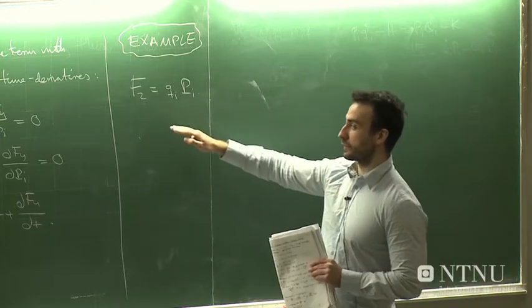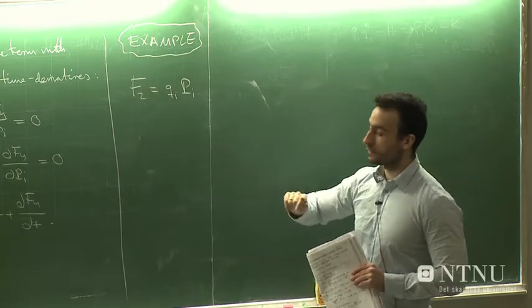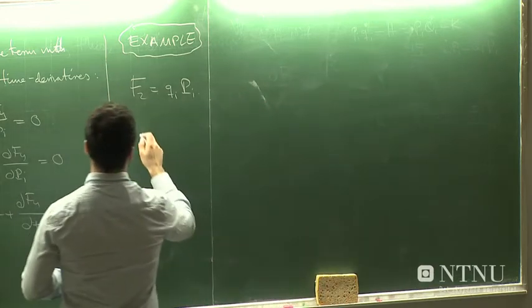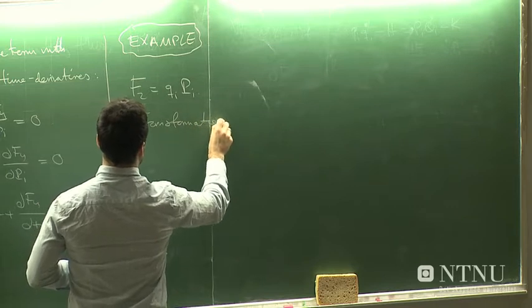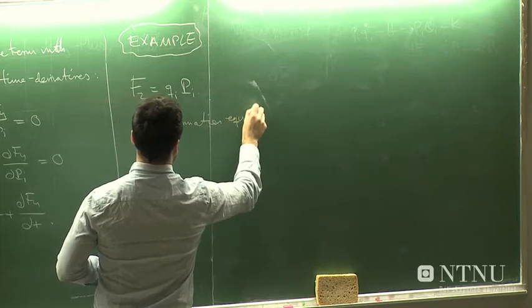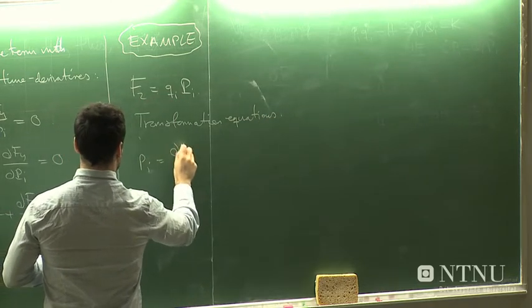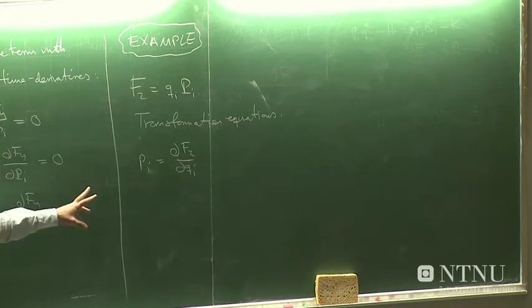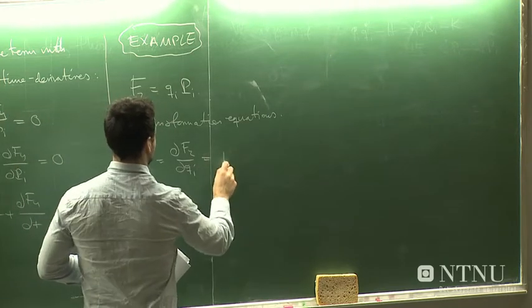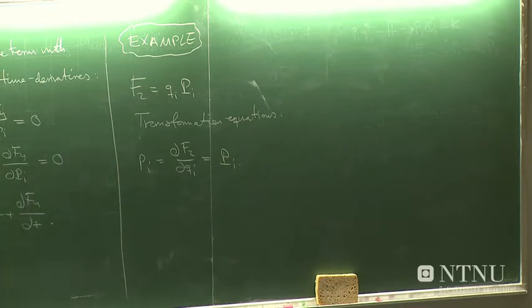And we now know that for this type of generating function, depending on small q and large p, the transformation equations look like this. This is the first one. Which just tells me that small pi is equal to large Pi.